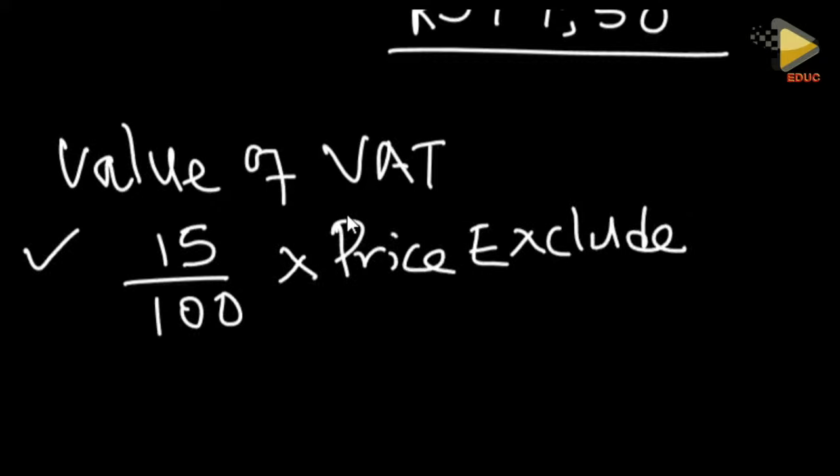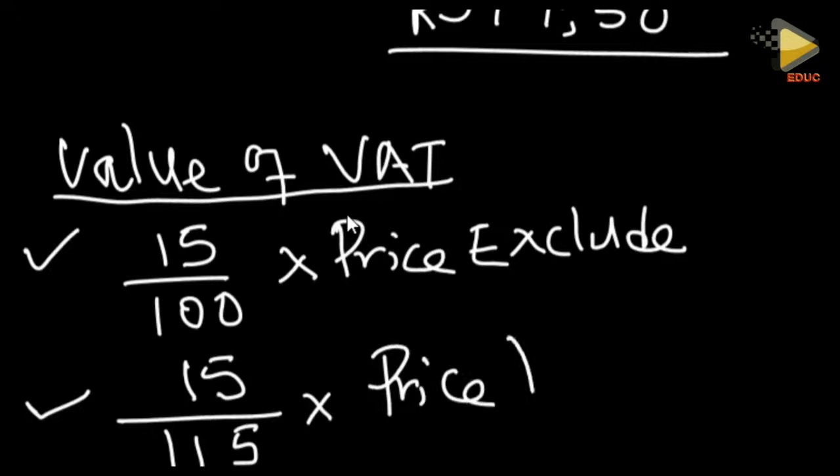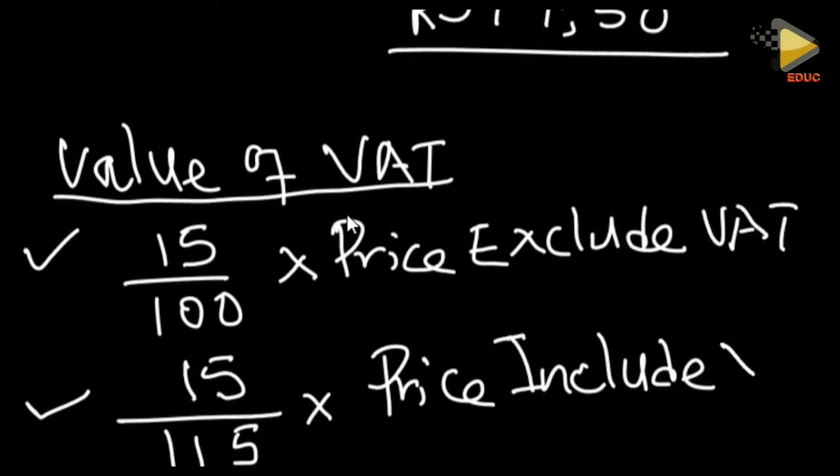Here I'm looking for the value of VAT, how much VAT is paid. Then what if the price already includes VAT? It means I should take 15 over 115 times the price including VAT. When the price excludes VAT, we use this. When the price includes VAT, we use this.